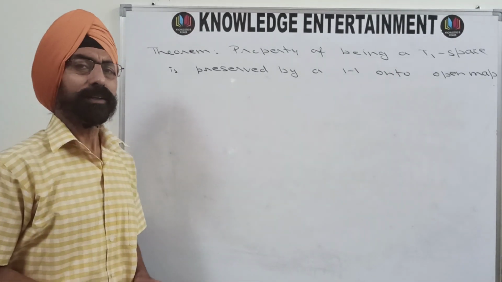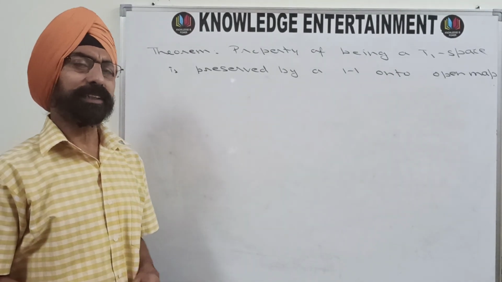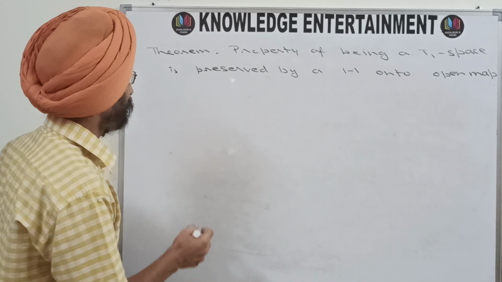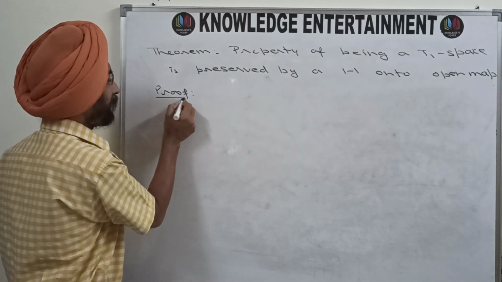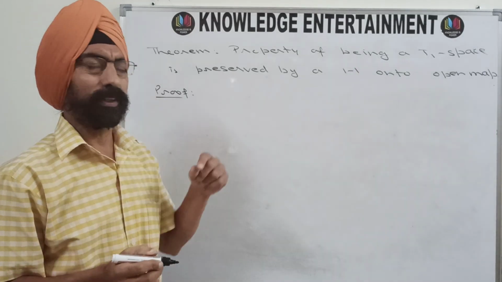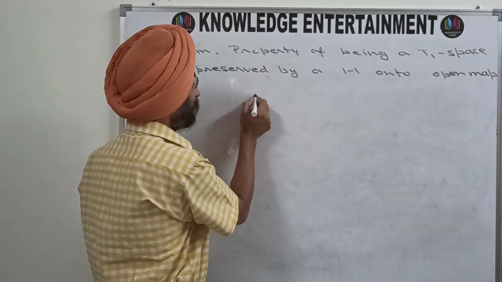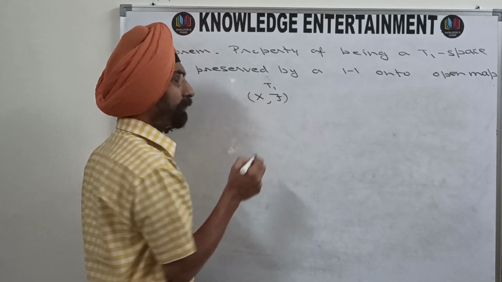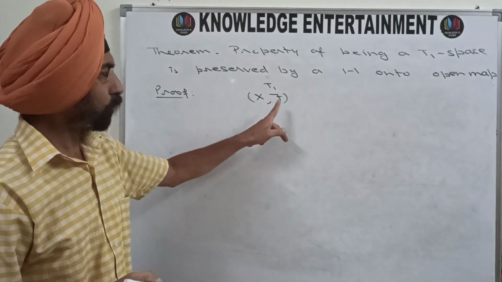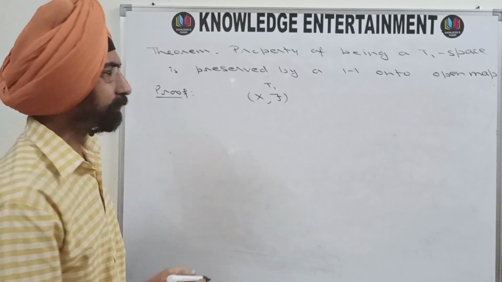So first of all, try to understand what it wants to say. Before starting the proof, I'll try to make clear the statement of the theorem. Here X tau is given to be a T1 space.